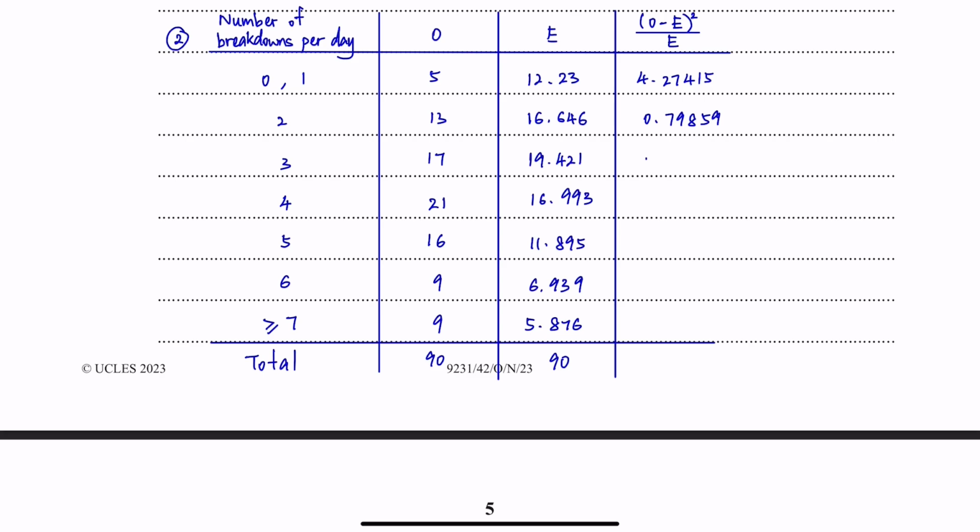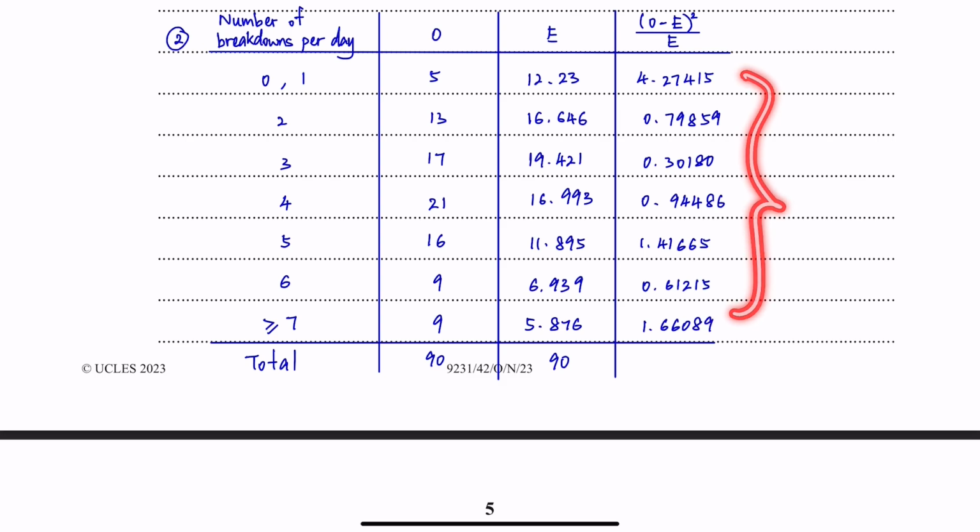X equals 3, it's 0.30180. And 0.94486, 1.41665, 0.61215, and lastly 1.66089. So now we sum all of this up, we would get 10.00909.